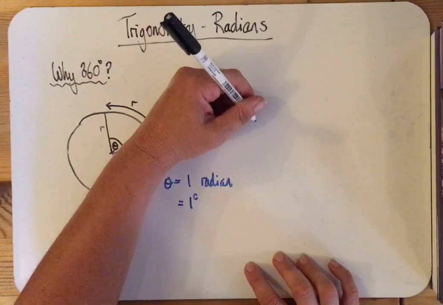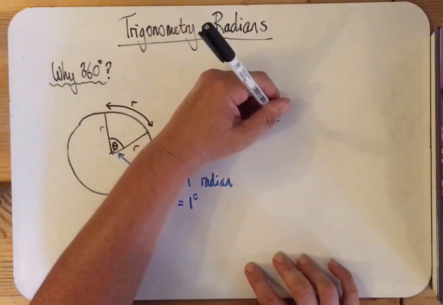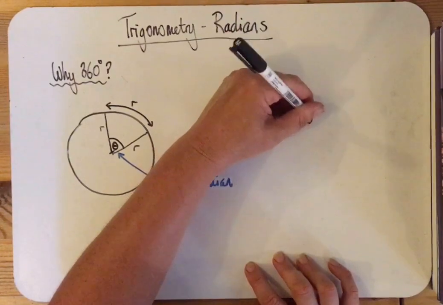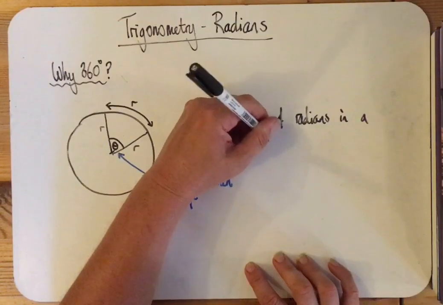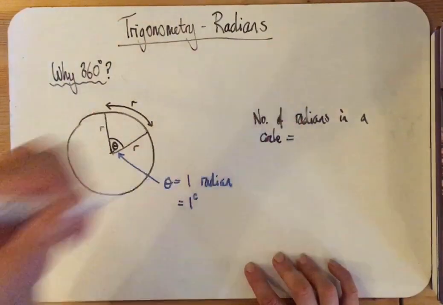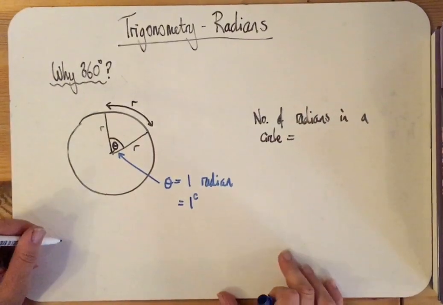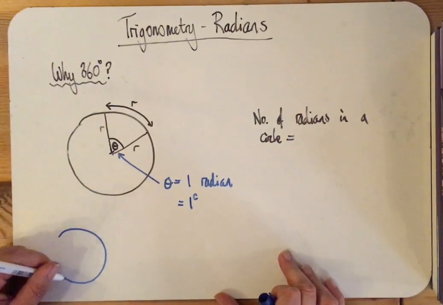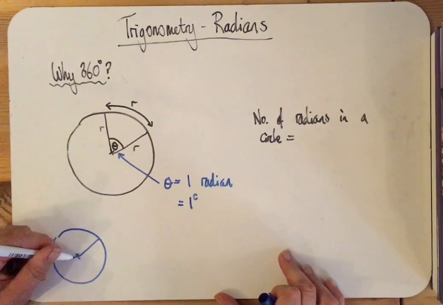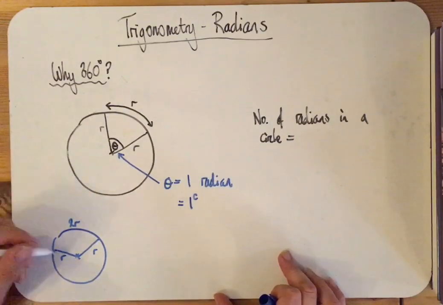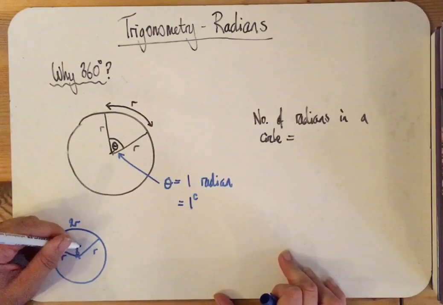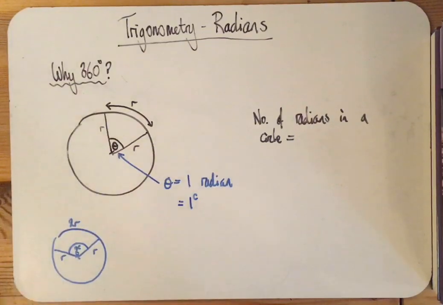So the number of radians in a circle. Actually, we'll do a couple more of these. If I extend this out, so you've got r, and 2r, then that there is 2 radians. I'll use a little c, it's probably the only time I'm actually going to use it. And then you could go again, and r and 3r.